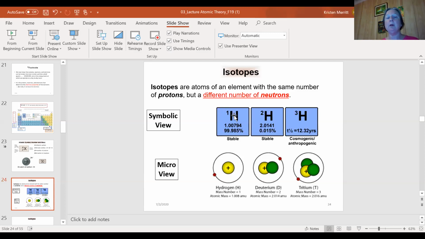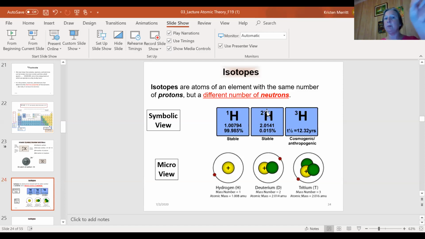So hydrogen, the hydrogen commonly in nature, 99.985%, has a mass number of 1. It has 1 proton. If you had the atomic number down here, it would also be a 1. It has 0 neutrons. Deuterium, which occurs naturally, has a mass number of 2, which means it has 1 proton, because hydrogen always has 1 proton.